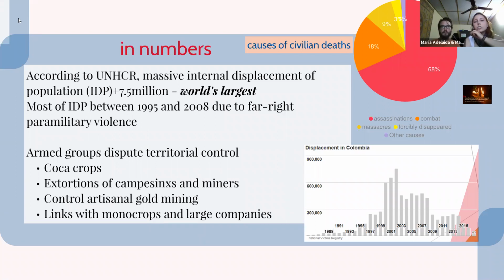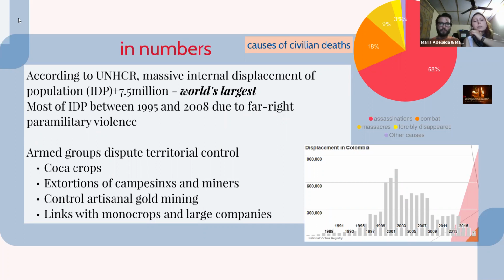We understand that we are not the country with the largest number of people displaced externally, because that is outnumbered by Syria or Lebanon or maybe even Palestine. But it's definitely the world's largest internal displacement.